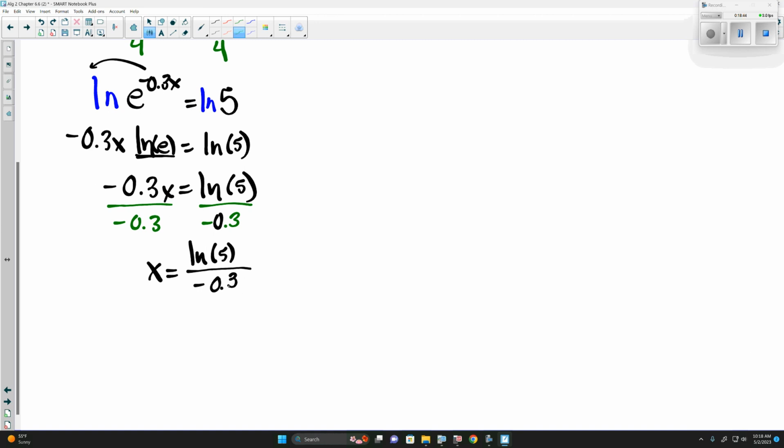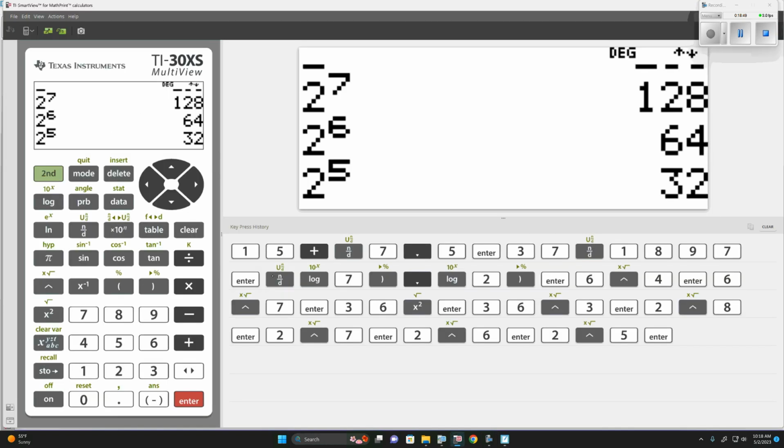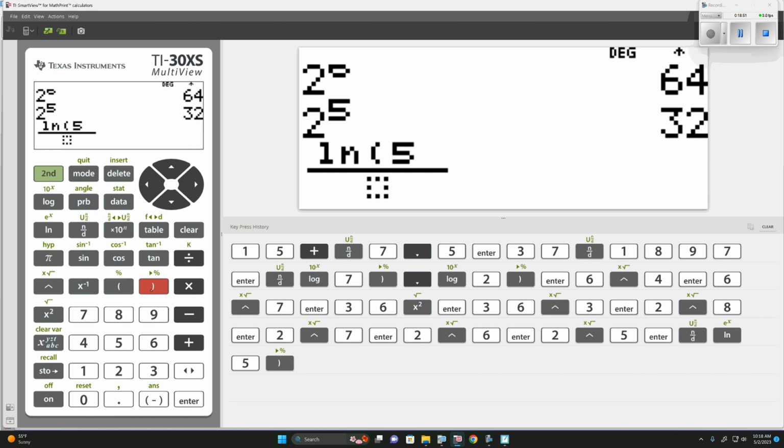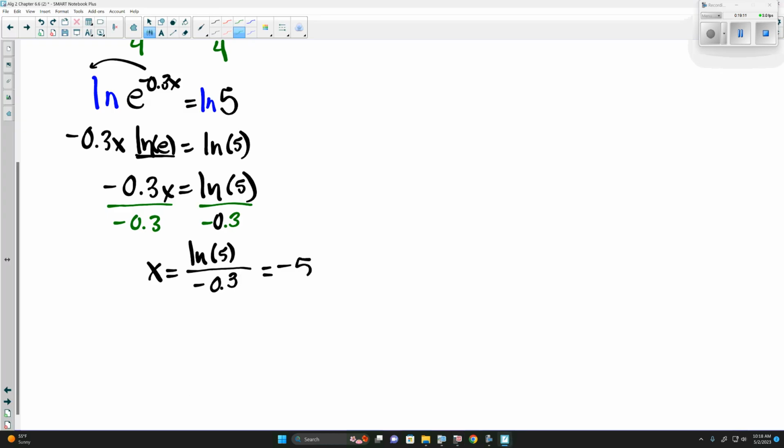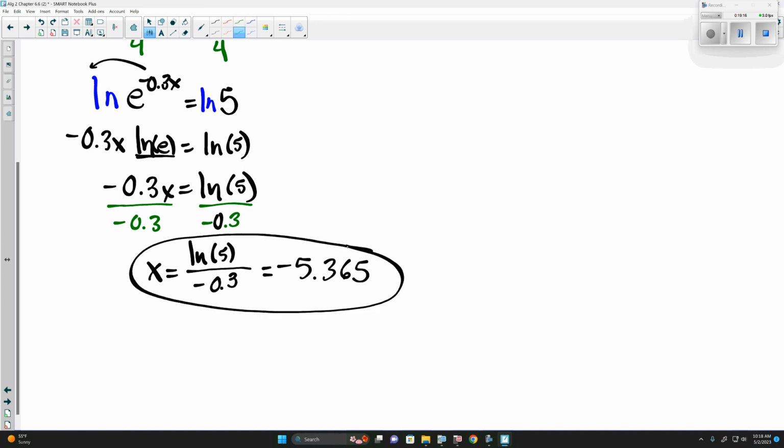Now, the nice thing with natural logs is that if we plug this into the calculator, we can just do the natural log of 5 over negative 0.3 and get our answer. We don't have to go through and do math and find the natural log base because it's understood to be e. And if we go 3 decimal places, we get negative 5.365. And that's the final answer.